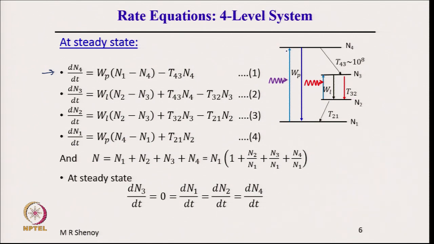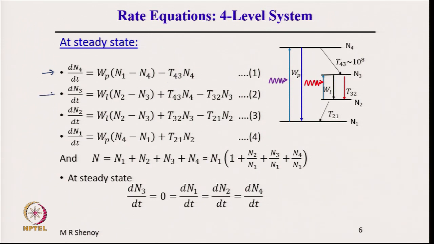It raises atoms from N1, and therefore, Wp into N1 is the number of atoms reaching here, Wp into N4 is the number of atoms which go out, and therefore, the net addition will be Wp into N1 minus N4, minus atoms that are also going down through spontaneous transitions here, which is N4 by T43. The negative sign says that N4 is decreasing because of this transition, and a positive sign wherever we have it says the number is increasing because of that transition.